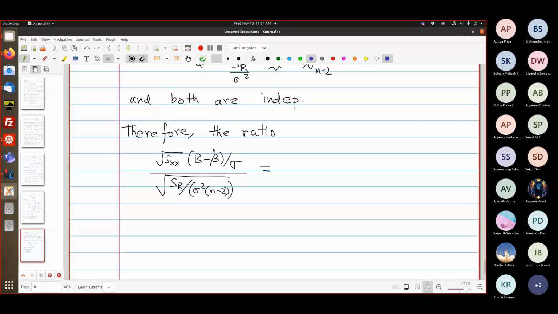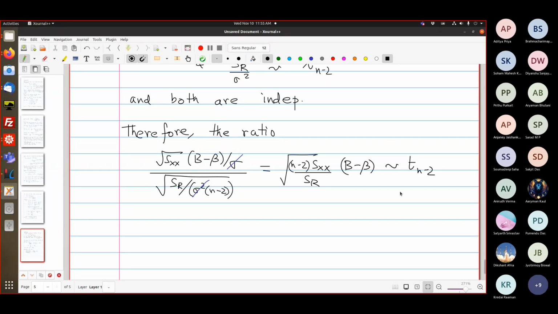So let me simplify something. This sigma will cancel this sigma squared. So I'll write a square root first. I'll get n minus 2 times sxx by SR, all inside the square root, and then I only have b minus beta.